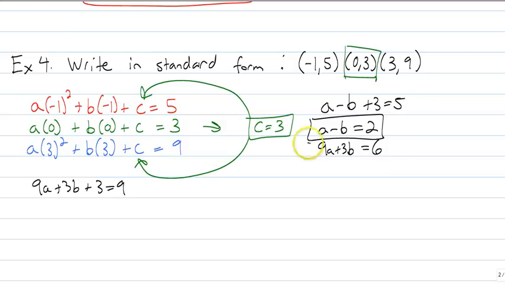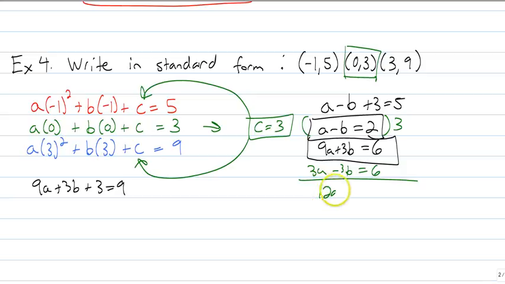Okay? So now we can solve this as a system, a 2x2 system. You can do elimination. I'll multiply the top one by 3. So I get 3a minus 3b equals 6. 12a equals 12, because these eliminate. A equals 1. And finally, we can go back to the beginning equation up here. 1 minus b equals 2.